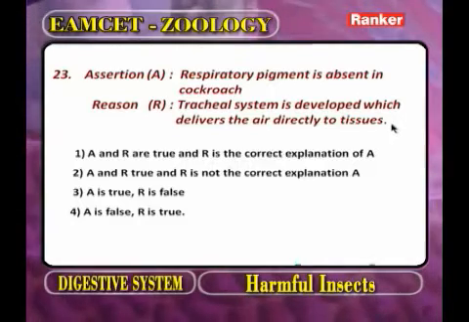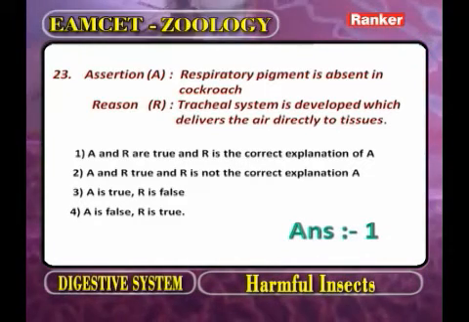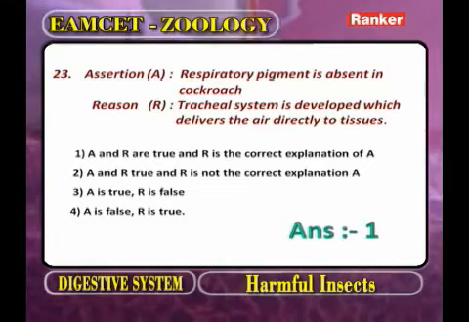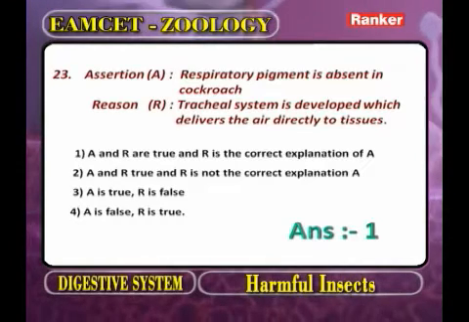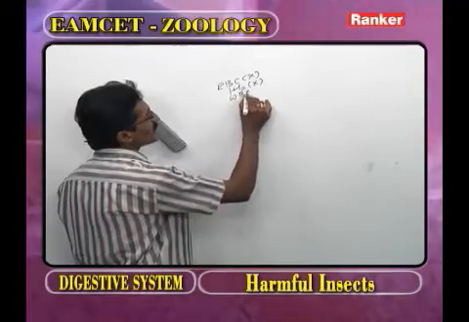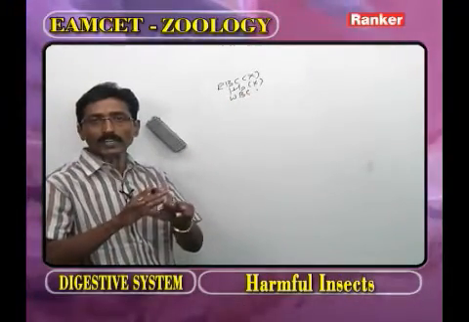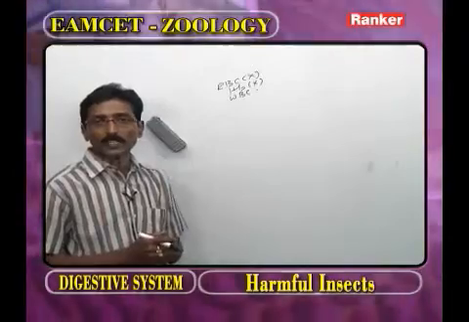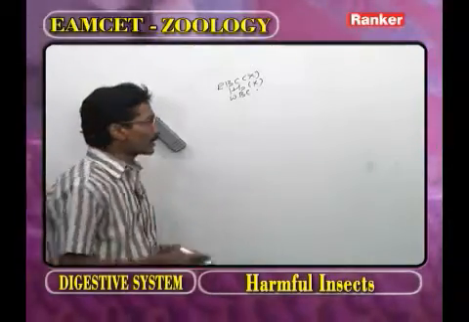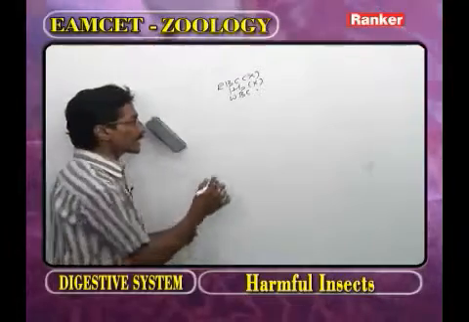Now, as we observe the respiratory system of cockroach, RBC are totally absent, and there is no hemoglobin, only WBC present. So, in the body of cockroach, the blood never delivers the oxygen. In order to get the oxygen, what type of system is present? The tracheal mode of respiratory system.